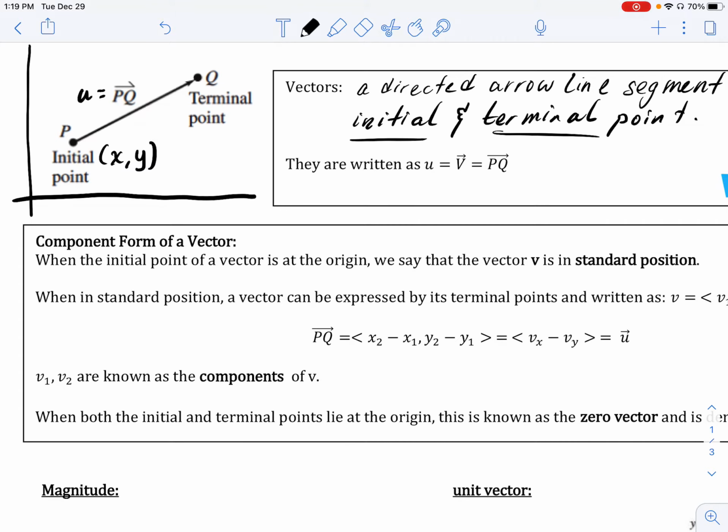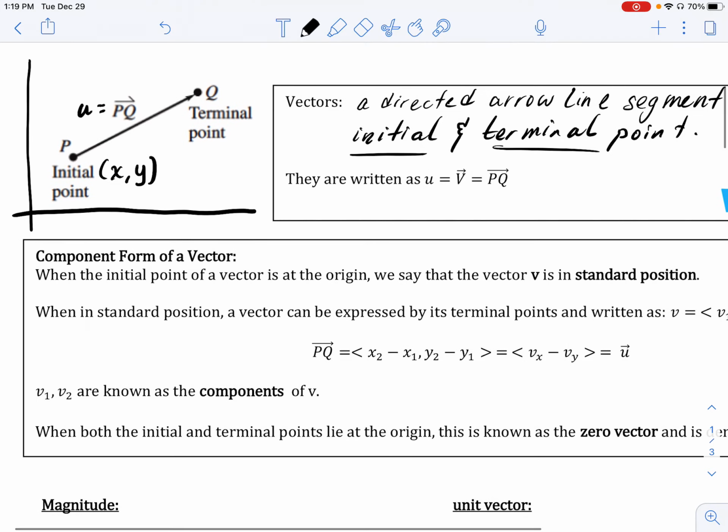with or without that vector notation on top. As I mentioned before, vectors are often drawn or written within the Cartesian plane or on a coordinate plane. When the initial point of a vector is at the origin, then we say that the vector is in standard position. So any vector whose initial point is at 0, 0, or the origin, we would say is in standard position.